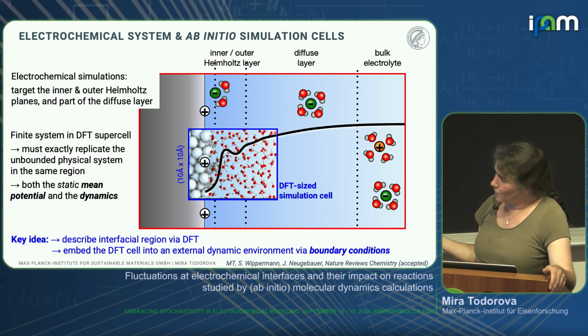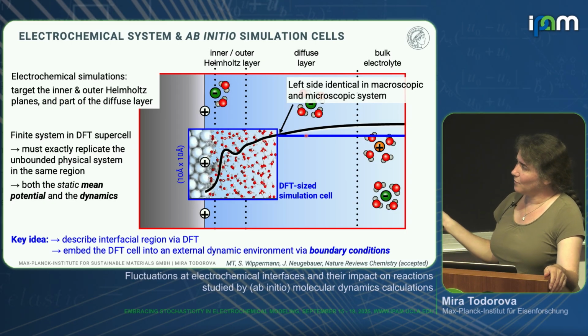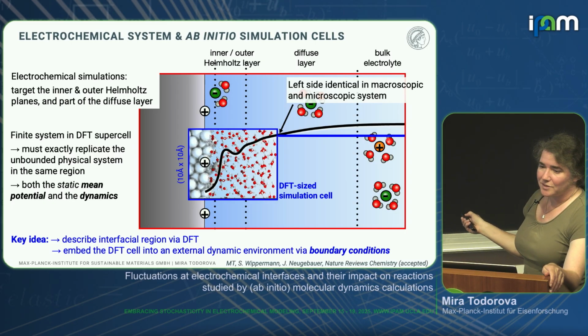Now, I want to have, again, on this side, exactly what I have in the real system. From here on, it will obviously be somewhat different, because here my value will be constant.